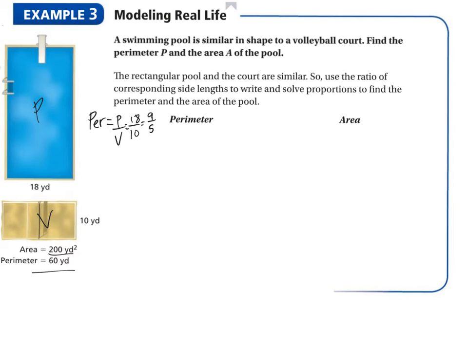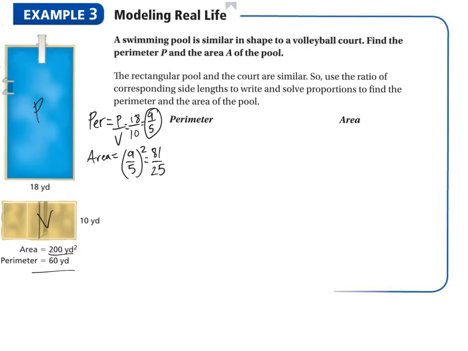So the ratio of the perimeters, and the ratio of the sides, is 9 to 5. And then remember, our area ratio is simply the square of that. So the ratio of the areas is that squared, which is 81 over 25. We square the top, we square the bottom number, and that's how we get that.